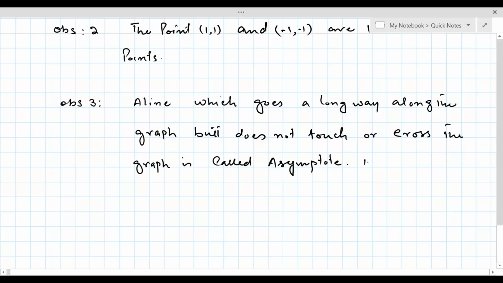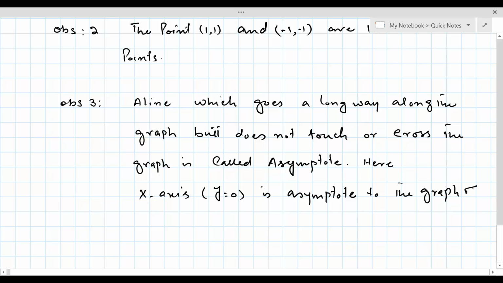So here the x-axis, and what is the equation for the x-axis? The equation for the x-axis is y is equal to 0, is an asymptote to the graph of y is equal to 1 over x.